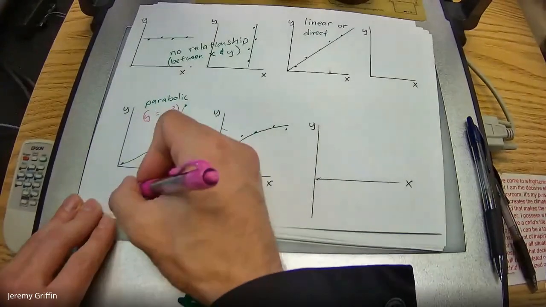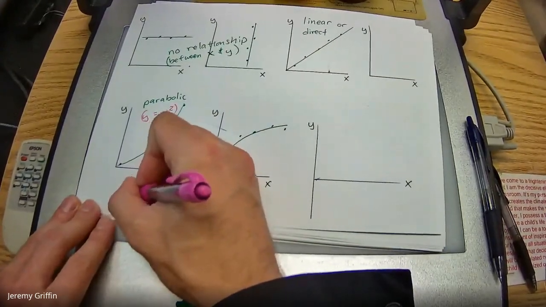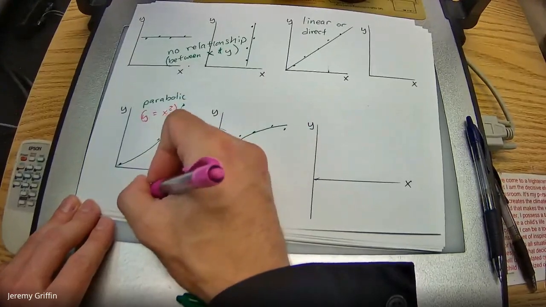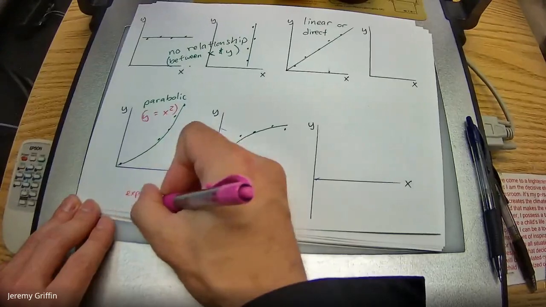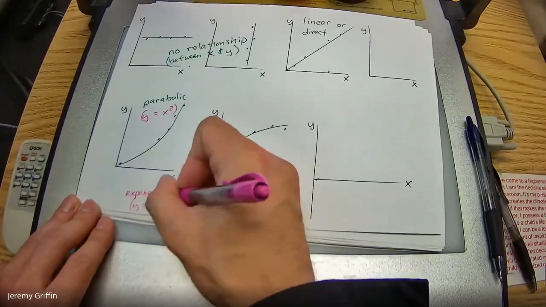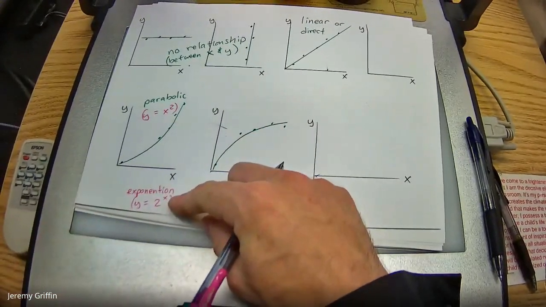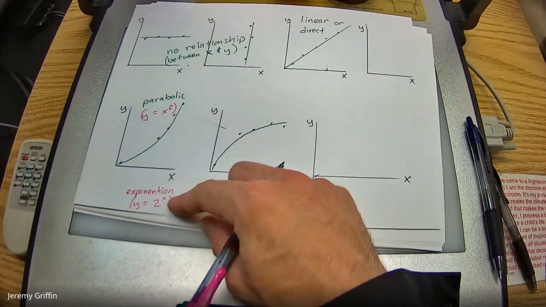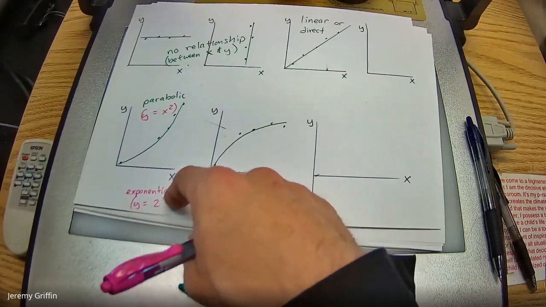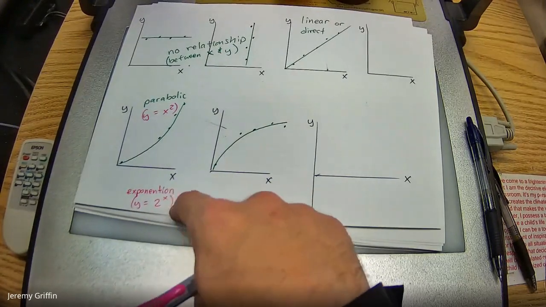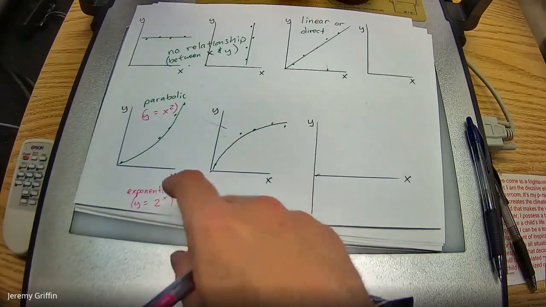I'm going to write exponential down here, which is not what this graph is supposed to be, but exponential would be something like y equals 2 to the power x, right? See, the variable would go to the exponent. Yeah, don't really look for that in class. I don't know if that's ever going to happen in this class, maybe once, but this will blow up a lot faster once x starts to get pretty big.